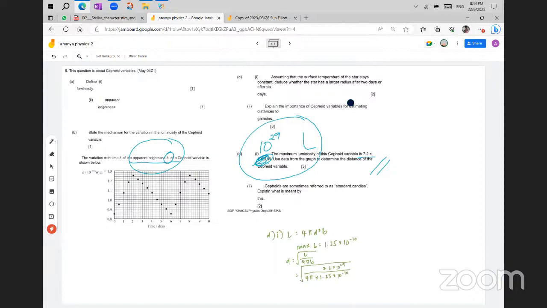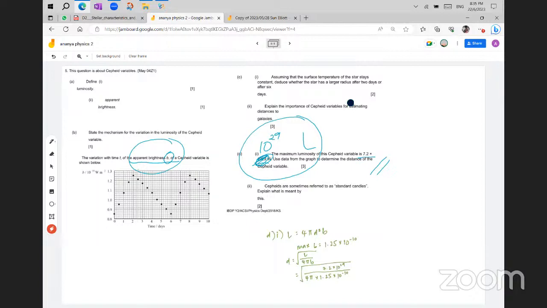Okay, sure. So for some strange reason, I feel that we should start at D2. Cepheids are sometimes referred to as standard candles, right? Standard candles means a candle that we know. The candle obviously refers to a sun. So it's a standard star, meaning a star that we can know the luminosity of beforehand.